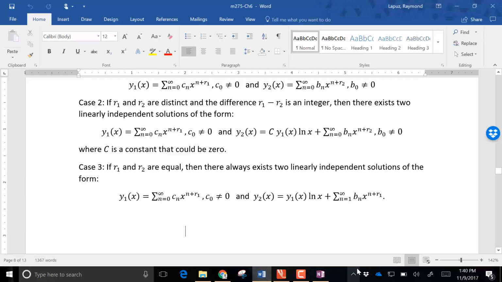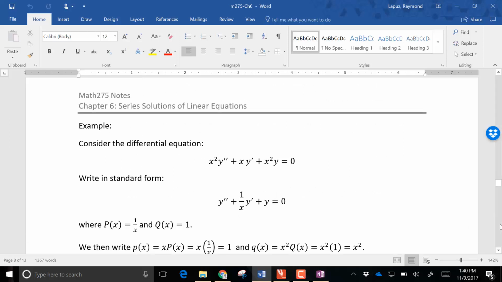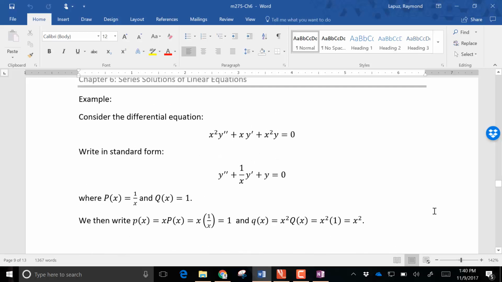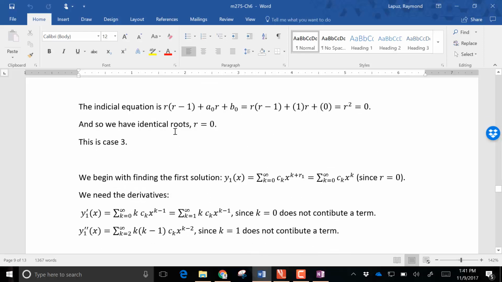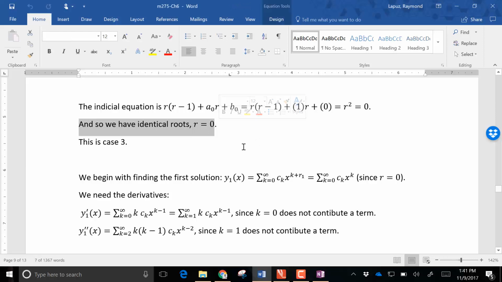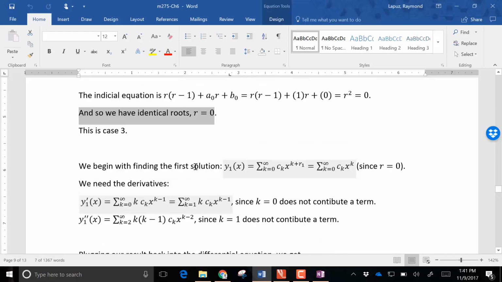So I have some notes on this, and maybe I'll make a video. I think I do have a video on coming up with this special function, but I'm just gonna fly through this real quick. Here's a case where you have identical roots. In this case, the roots are equal to 0, which might seem easy, but you're going to have two functions.